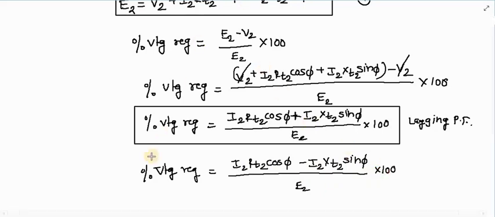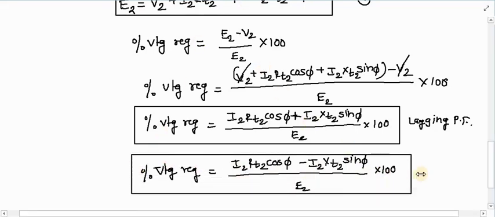This is the expression for leading power factor, and this is also for unity power factor.